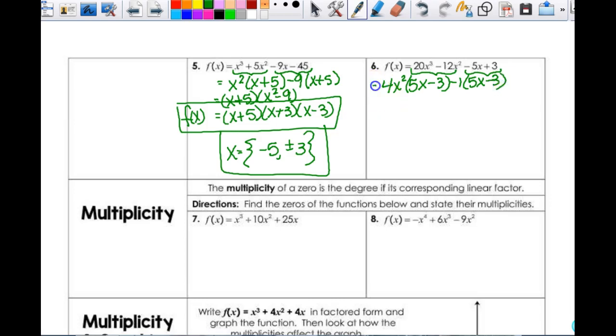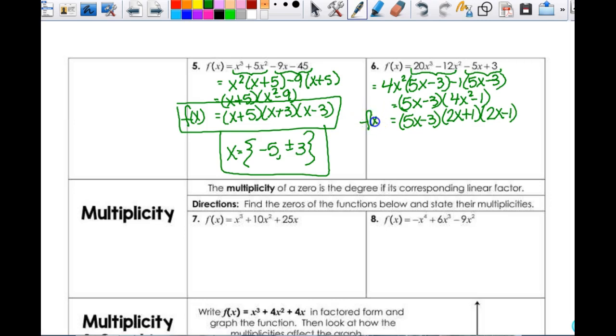So then 5x minus 3 times 4x squared minus 1. So then I get 5x minus 3. This is the difference of two squares again, so I get 2x plus 1 and 2x minus 1.